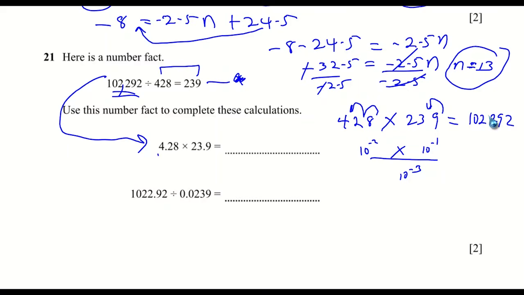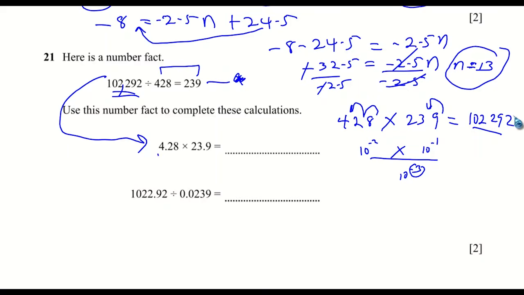It means the answer now needs to be 1,000 times less than this, because you have 3 zeros. That's the power of 3.